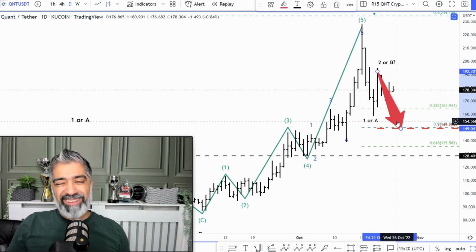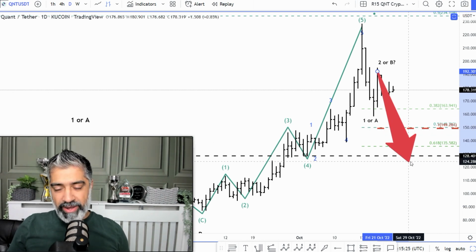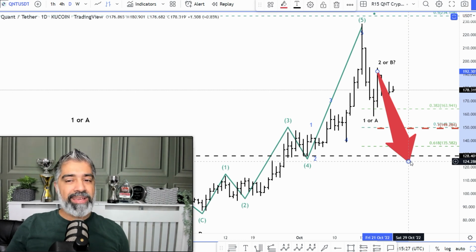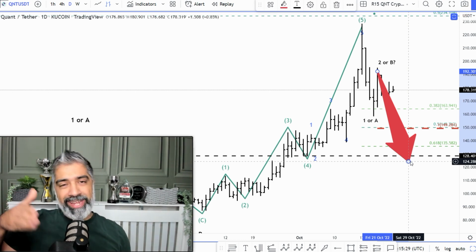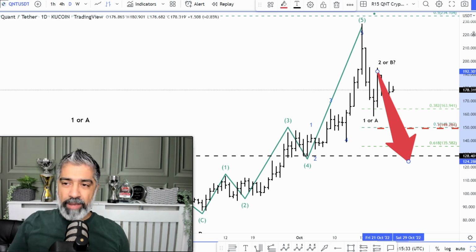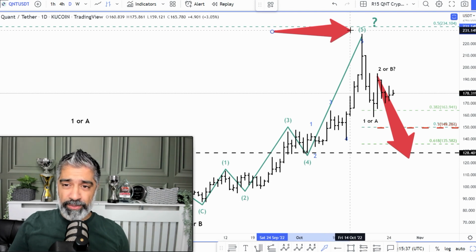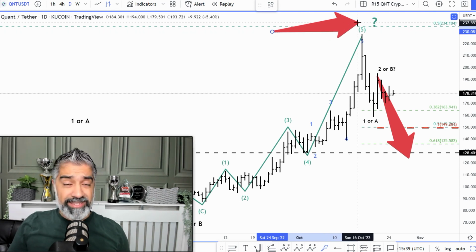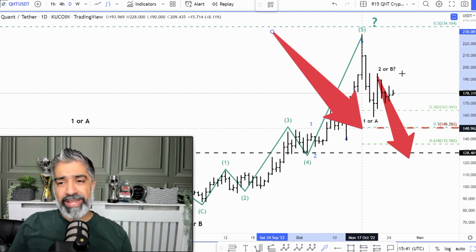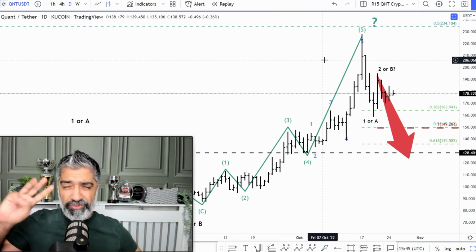But I think what we're going to end up seeing is a continuation, a break of this point. If we get that, then it's not a 1 or a 2 or B, it's a 1, 2, and then a 3 to the downside, and that will be a confirmation, or the early, strong signal, that this top is in fact a wave C, and then we're going to get a continuation to the downside.